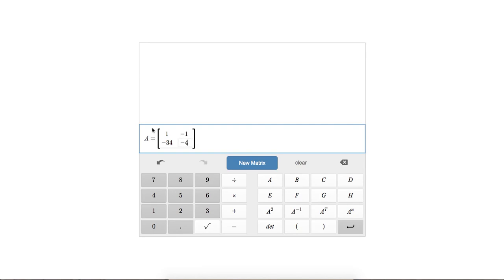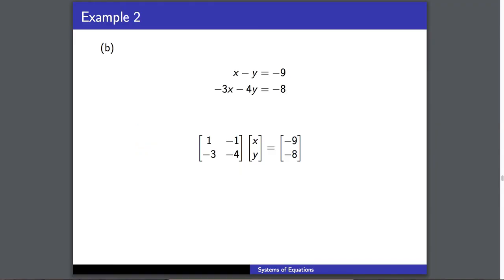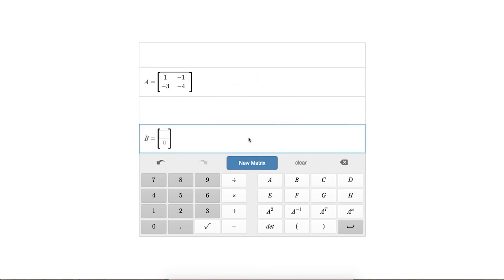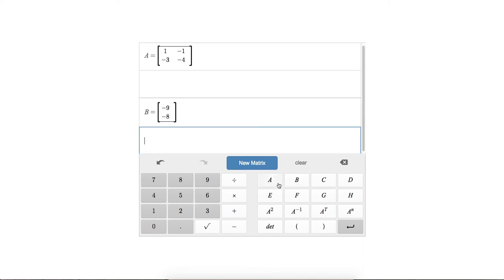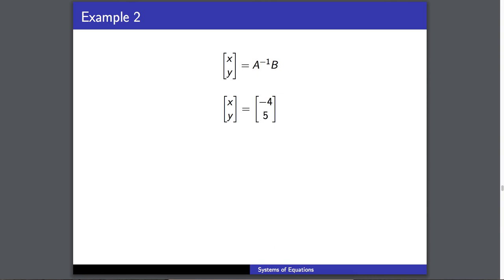And then matrix B is 2 by 1, and it's -9, -8. And now the inverse of A times matrix B gives us -4 and 5 as our answers for x and y.